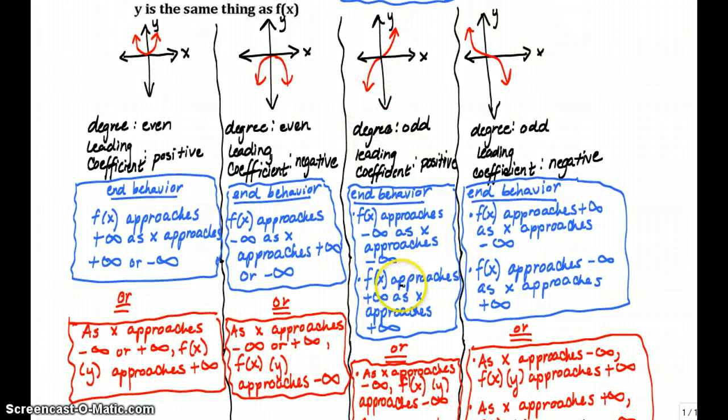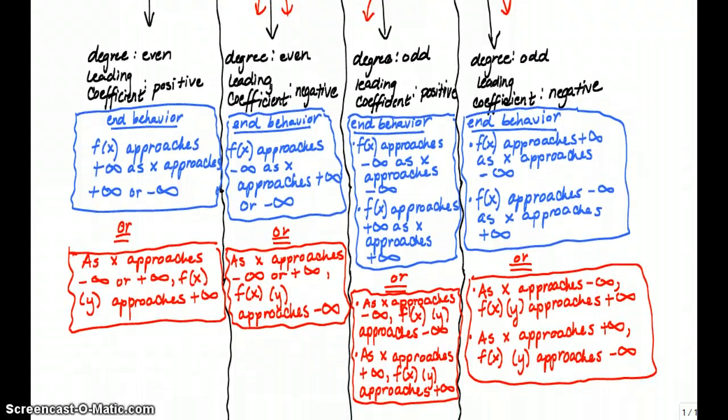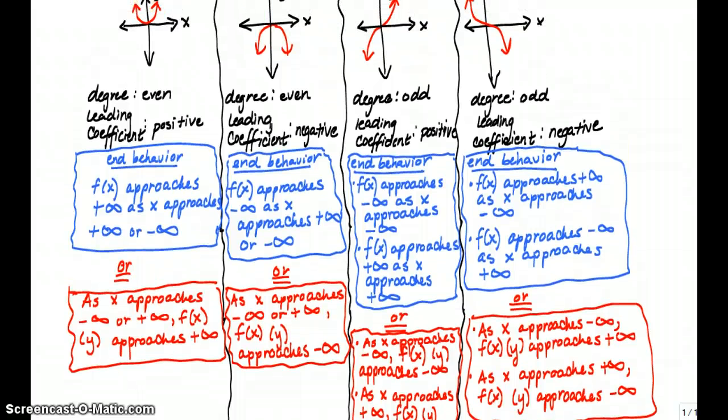And then also f of x approaches positive infinity, so f of x is going on into positive infinity as x is approaching positive infinity. My preference is to state it as x approaches negative infinity, f of x or y approach negative infinity. And as x approaches positive infinity, f of x or y approaches positive infinity as well. Use the one that makes more sense to you.